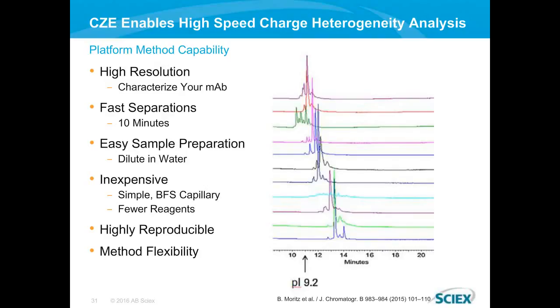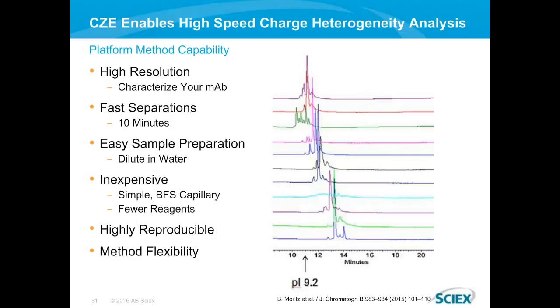So again, just to cover some more about CZE and why you might want to start using it as an alternative to CIEF, it's really about speed. So you get high resolution data to characterize your monoclonal antibody, same as you would with CIEF, but you get it much, much faster in, again, sub 10 minutes here most of the time.